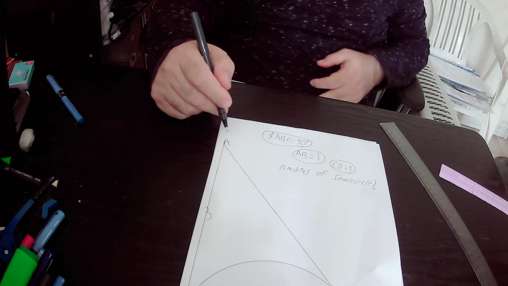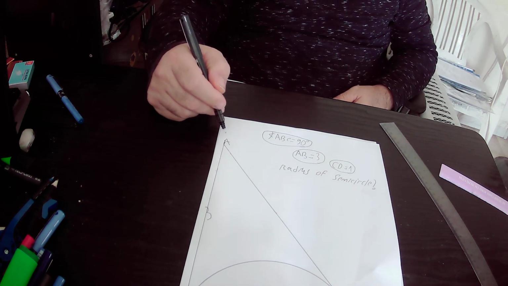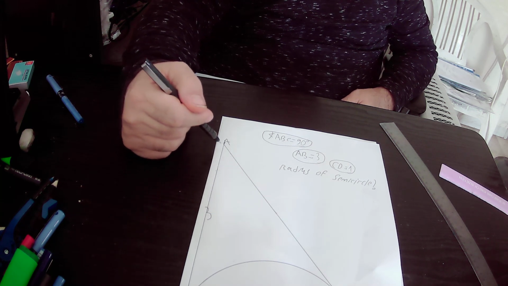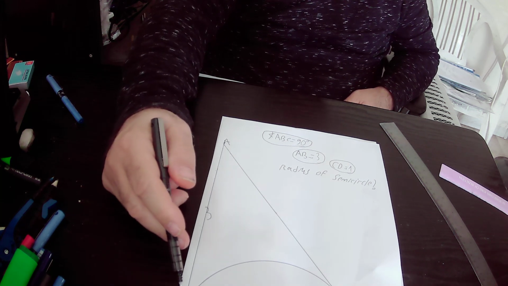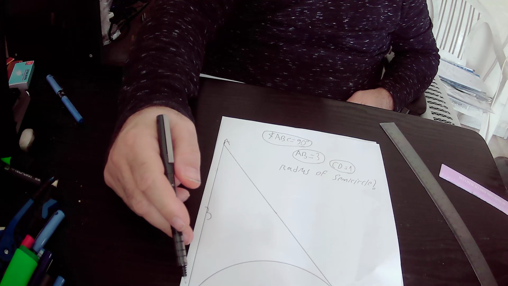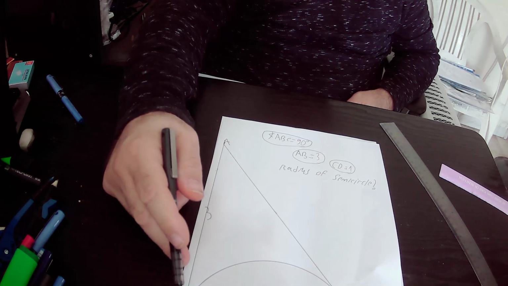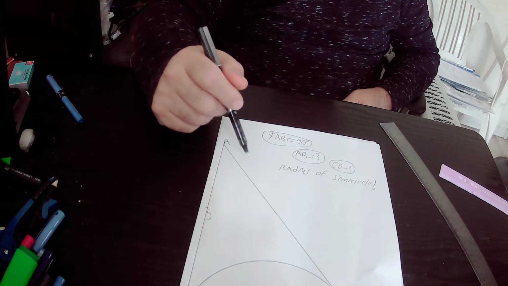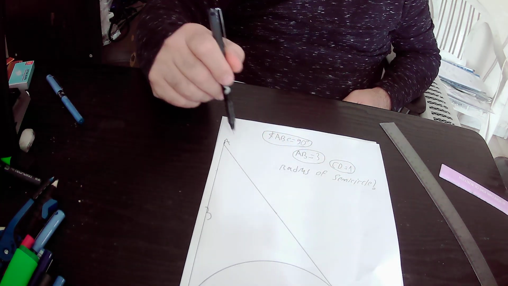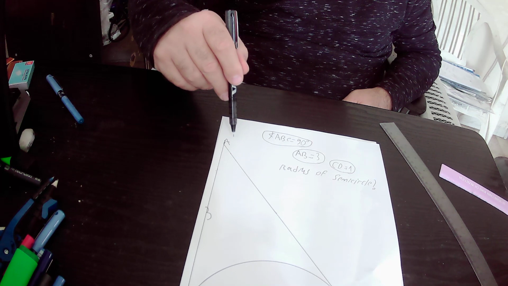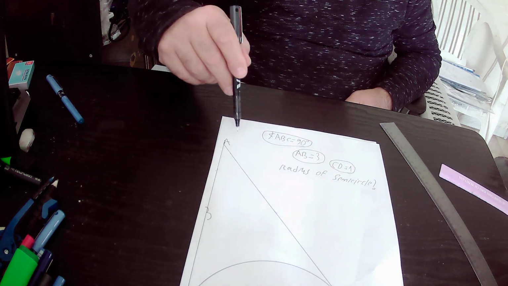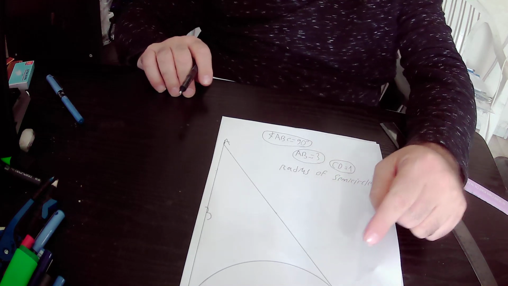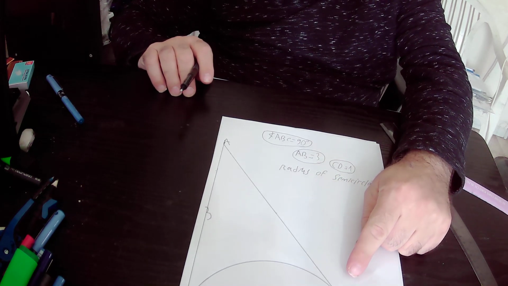So from point A we have two tangents to the semicircle. The first tangent is AB, and the touching point is at point B, and the second tangent is AE, and the touching point between the second tangent and the semicircle is at point E.